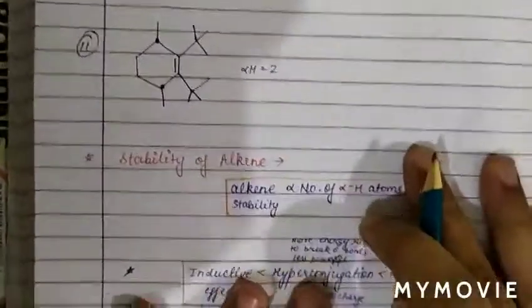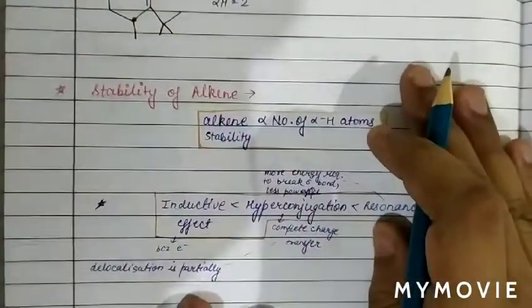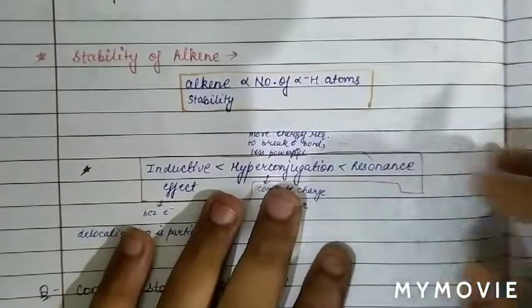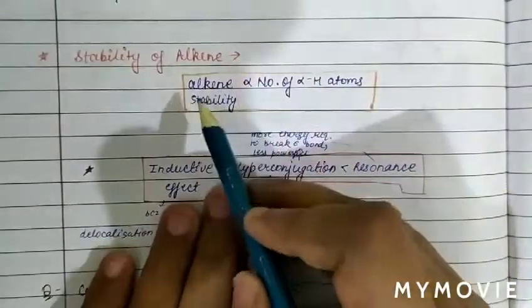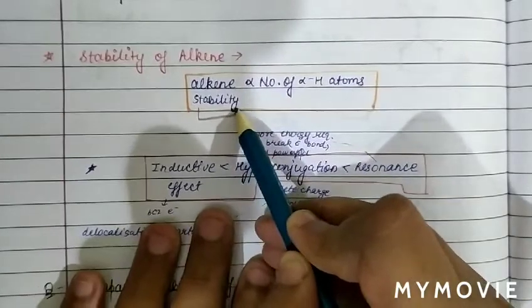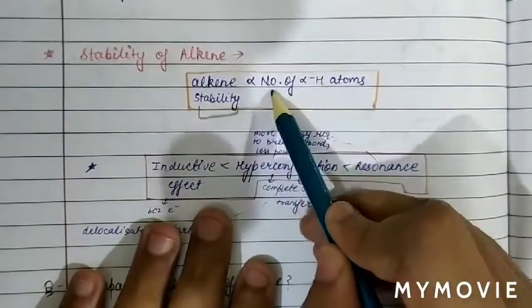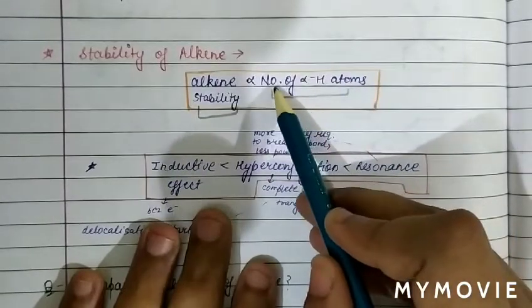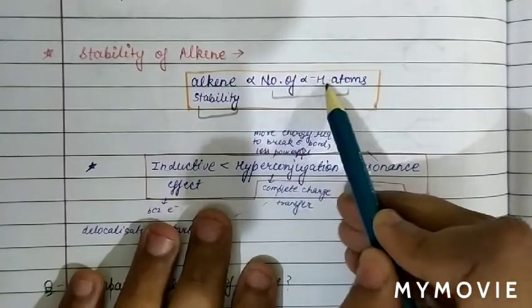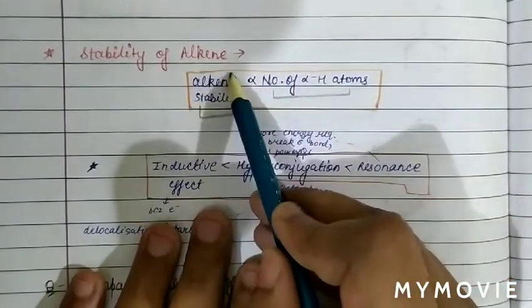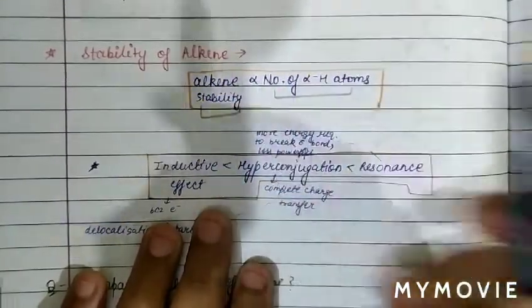When we discuss the stability of alkene using hyperconjugation, the stability of the alkene is directly proportional to the number of alpha hydrogen atoms. It means that if there are more alpha hydrogen atoms, that alkene will be more stable.